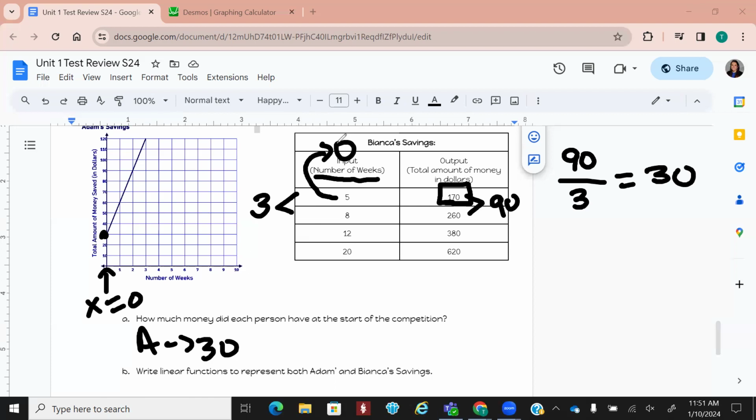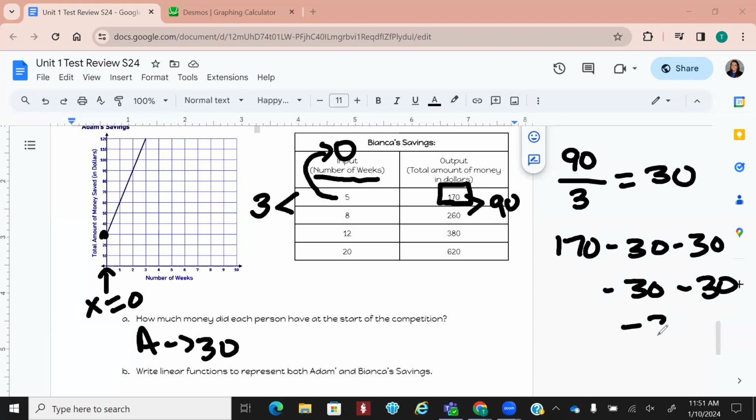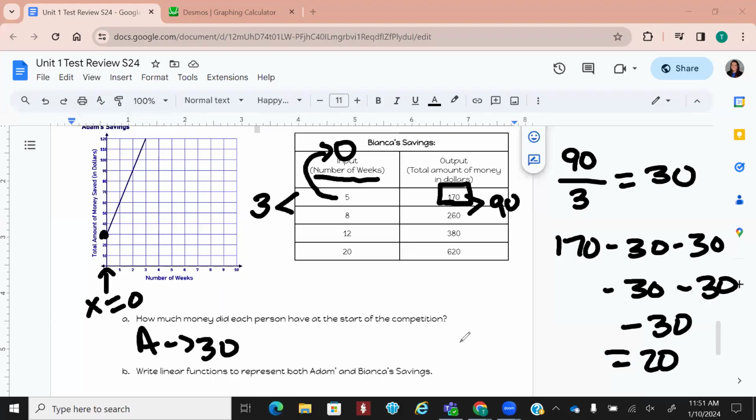Subtract 30 five times. So what's 170 minus 30, minus 30, minus 30, minus 30, minus 30? You tell me what that is. All right, so we get 20. So she started with 20.